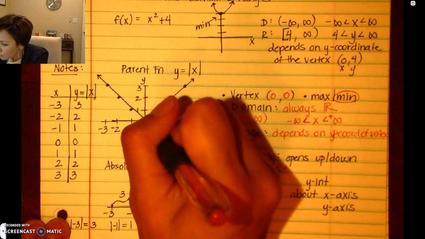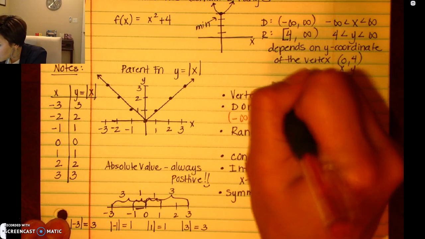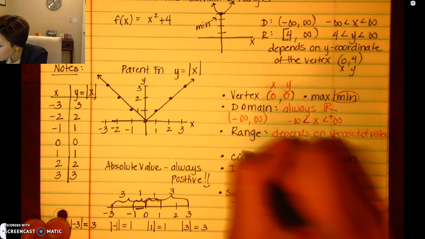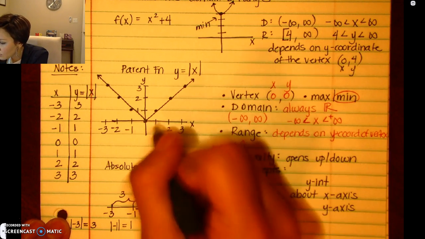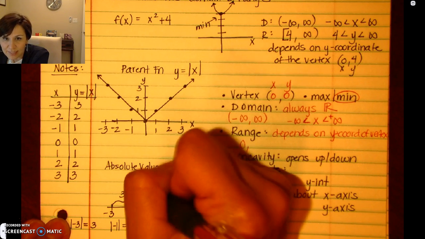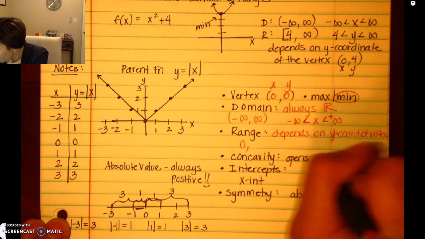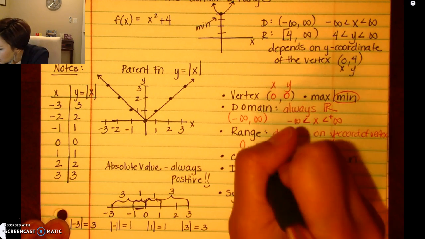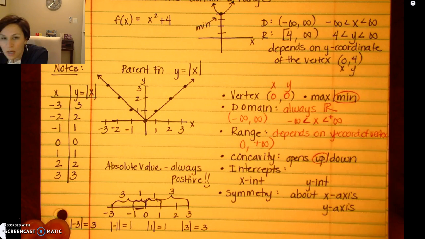So your vertex starts at 0, 0. This is your x-coordinate, this is your y-coordinate. Your y-coordinate is 0 in this case. So it's all the y values from 0, and now is our graph opening up or is it opening down? This parent function, it is opening up, so it's going up towards +infinity.